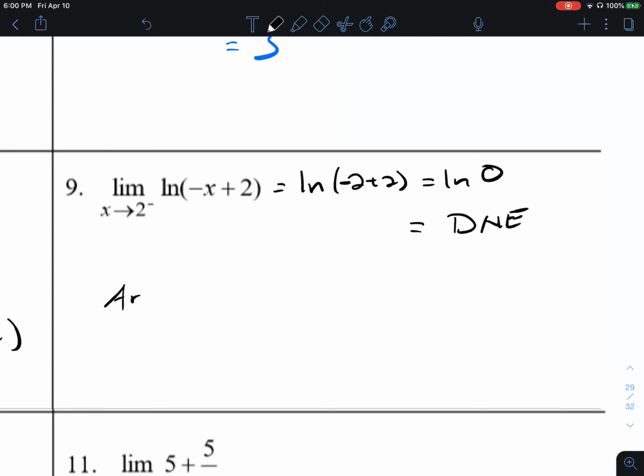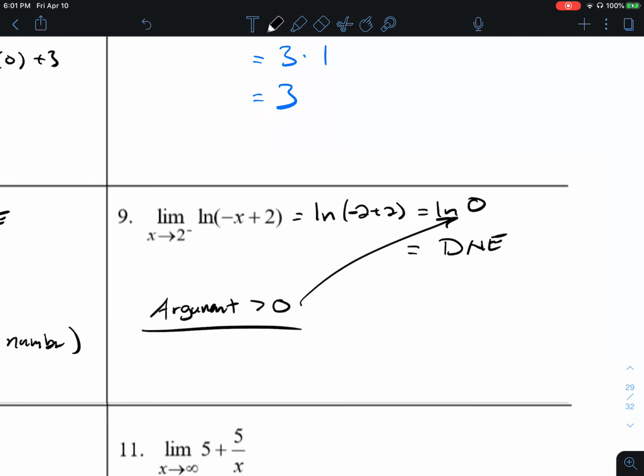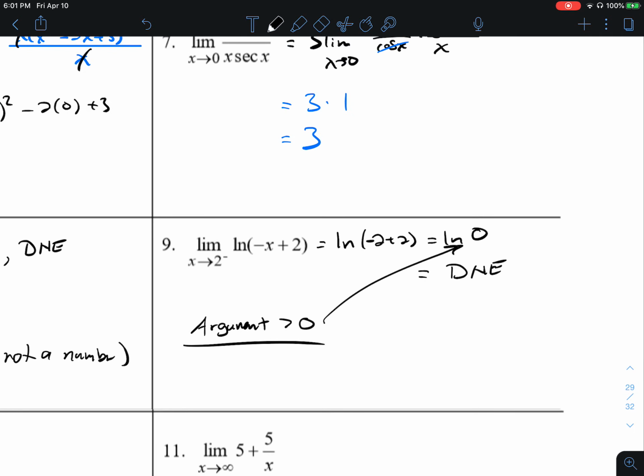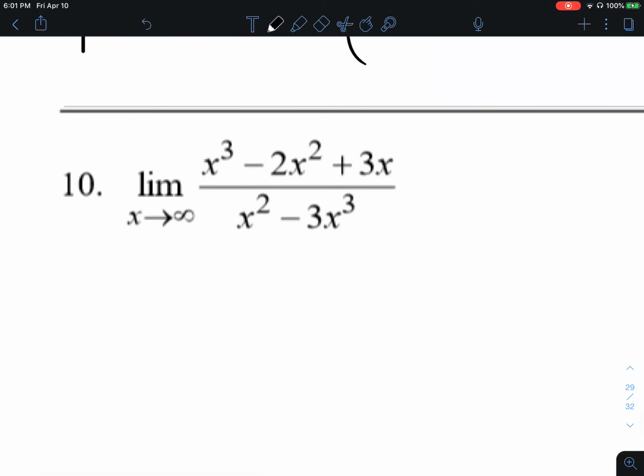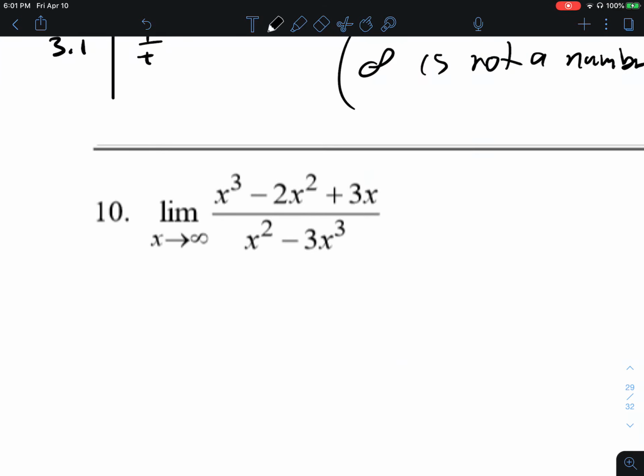And that's because the argument has to always be greater than 0. And this clearly is not. Good enough for that.